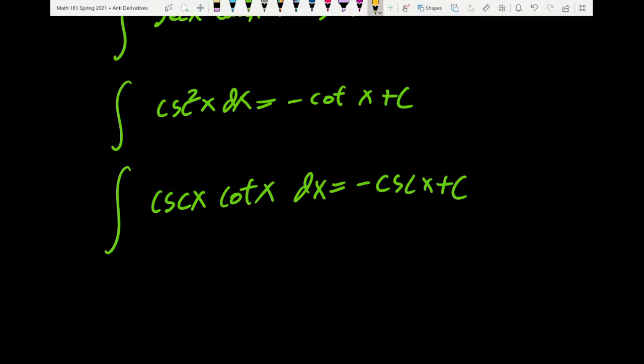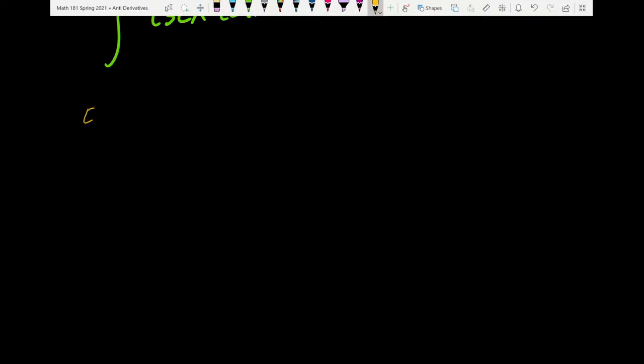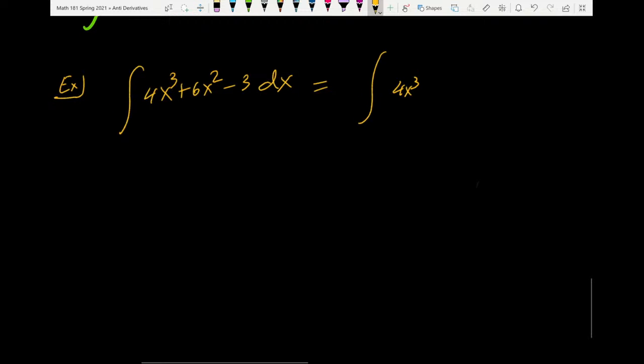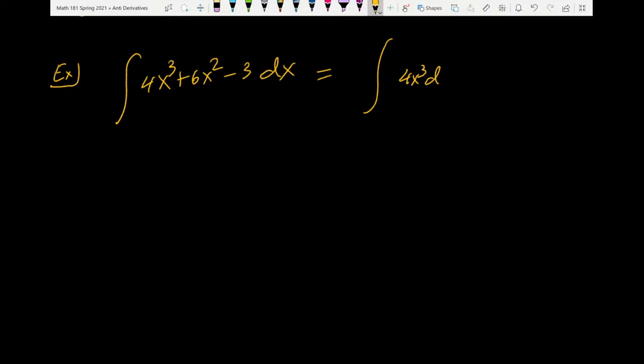So let's try some problem. The integral of x cubed plus 6x squared minus 3 dx. And we could individually do that. 4x cubed dx plus 6x squared dx minus 3 dx.